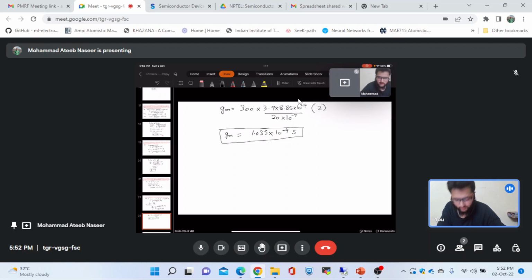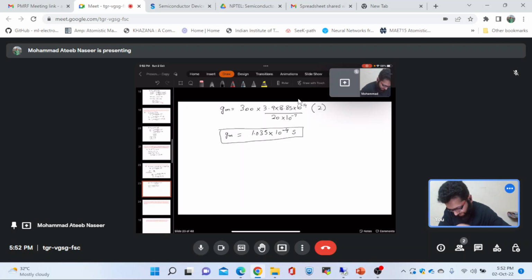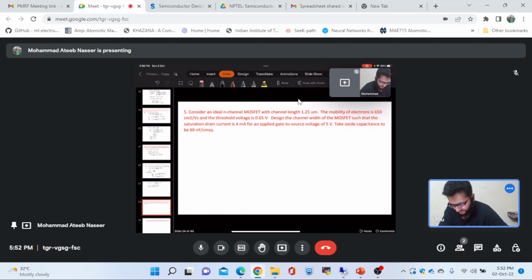Now let's move to another problem, which says that we have to consider an N-channel MOSFET with the channel length of 1.25 micrometer, and the mobility of the electrons is 650 centimeter square per volt second.